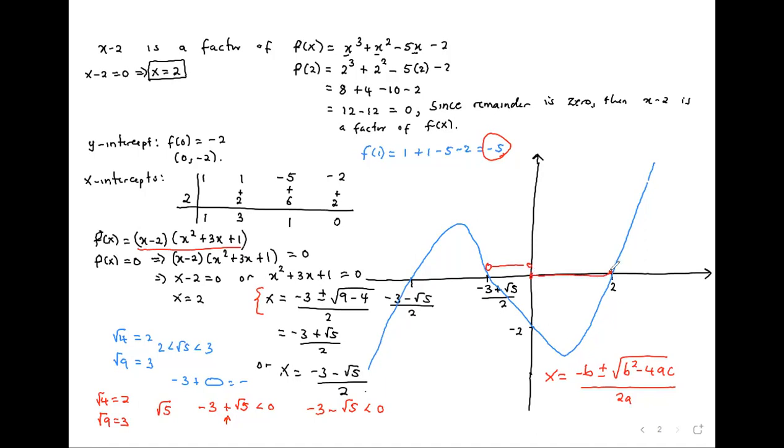Which space is bigger than the other? And then we suspect that the turning space is going to be this space here. And this space has got an advantage because we have a whole number 1 that lies in here. At least we are sure 1 lies in between 0 and 2. That's why we have used 1, because it's a whole number and it lies in the space that we are checking if it contains the turning point.